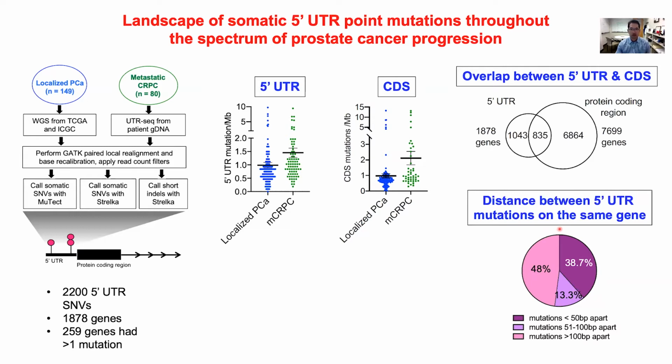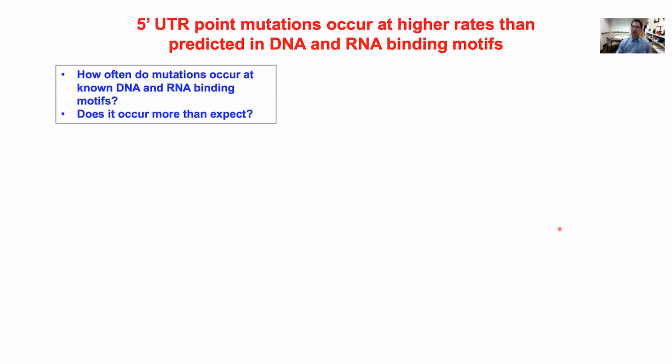Given this finding, we wanted to know whether somatic mutations within the 5' UTR preferentially affect known cis-regulatory elements at the DNA and at the RNA level. To determine whether this was happening more than expected by chance, we modeled 2,200 somatic mutations within the 5' UTRome and permuted this 10,000 times.